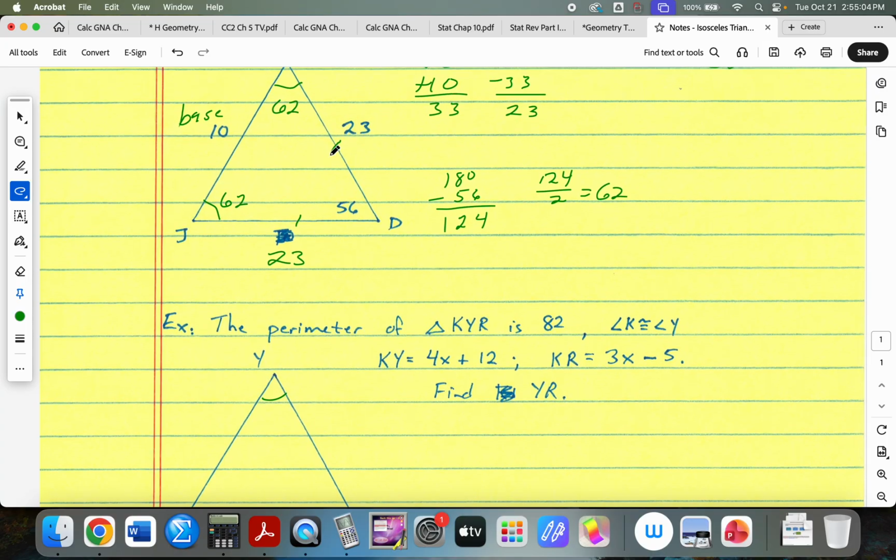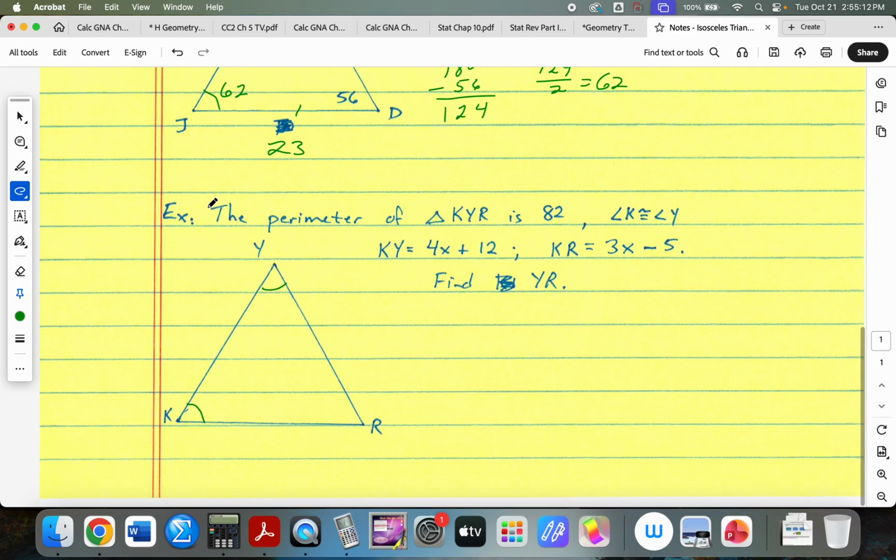See how up here when you have the base, the two angles at the end are the two that are congruent? That works backwards also. If these two angles are congruent, then this side is the base. Which means what about the other two sides? They're the legs, which are related to each other how? They're congruent. These two sides are congruent.